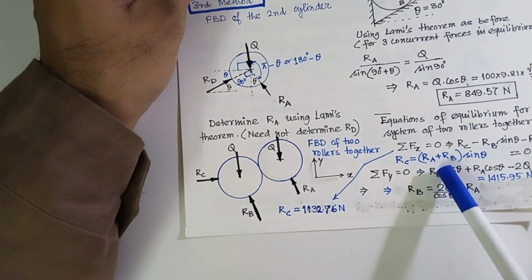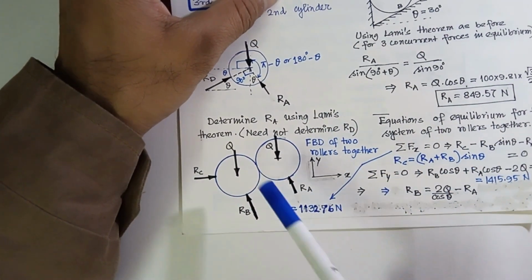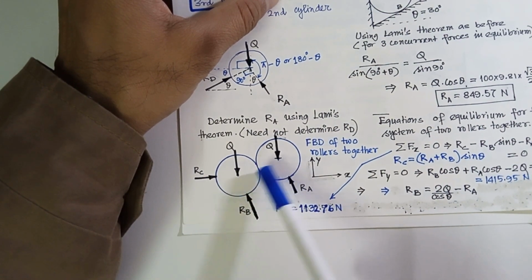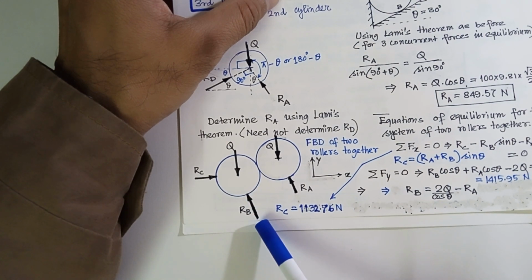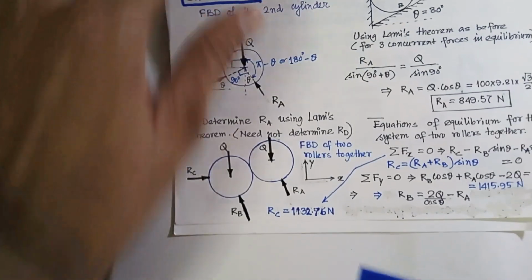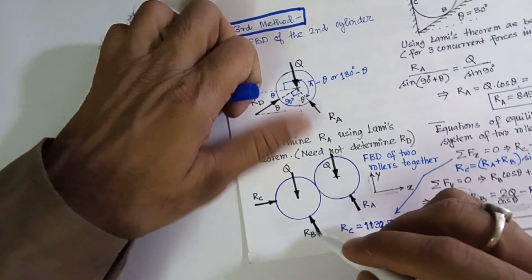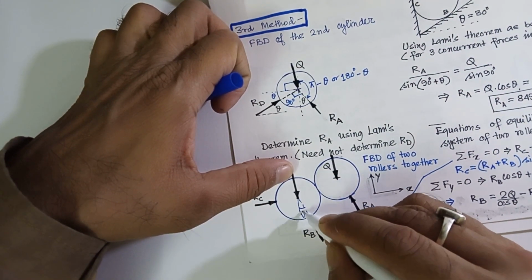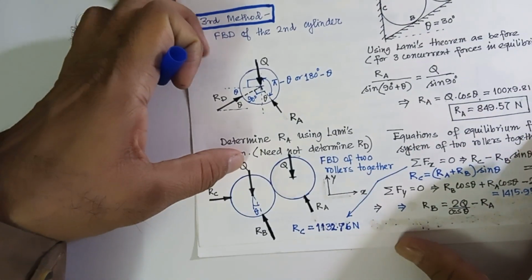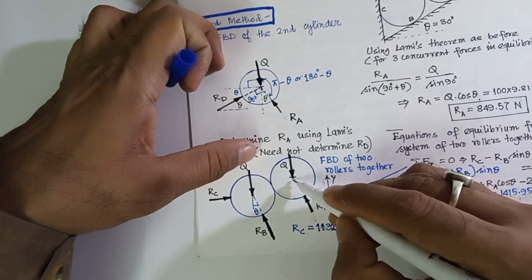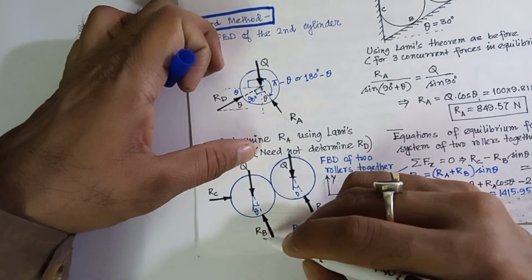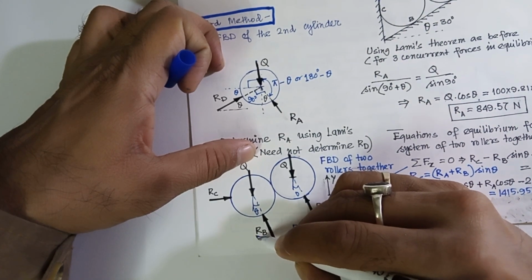I guess it is clear to you. RC is coming purely, full component of RC is coming in the positive x direction, and component of RB is what? You see, component of RB, this angle is theta, this is the vertical direction, and therefore component of RB along the horizontal direction will be RB sin theta.